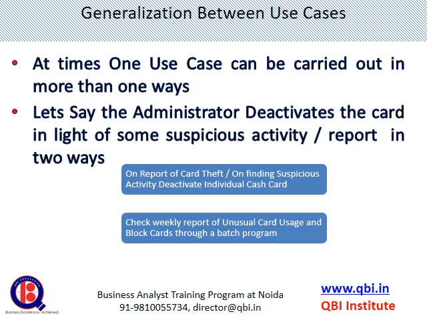There is yet another method. This administrator checks the weekly report of unusual card usage, which is generated, let's say, every Thursday morning. And based on his algorithm, he can block cards through a batch program. So the use case block card is being carried out in two different ways.